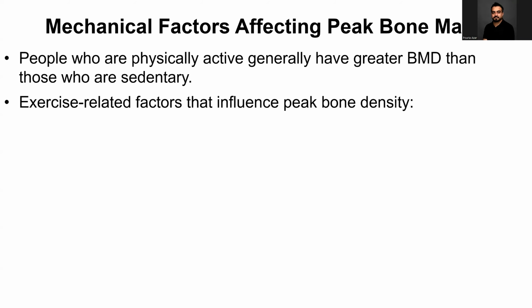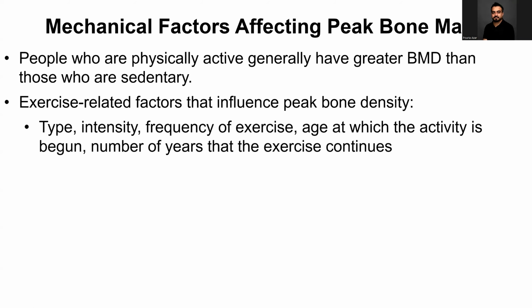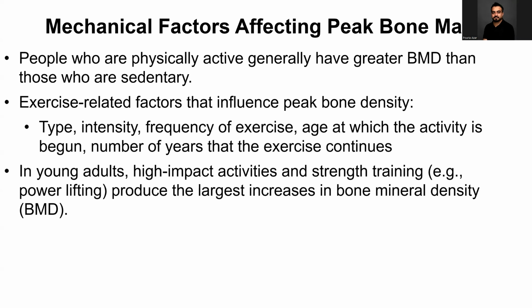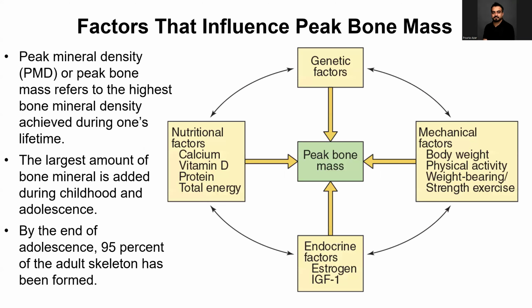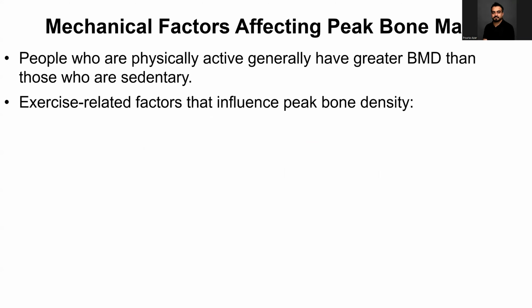And there are some exercise-related factors that affect peak bone density or peak bone mass: the type of exercise, the intensity of the exercise, frequency of exercise, age at which the activity is begun, and number of years that the exercise continues. So these factors also affect peak bone density. And these exercise-related factors are part of these mechanical factors on this picture.